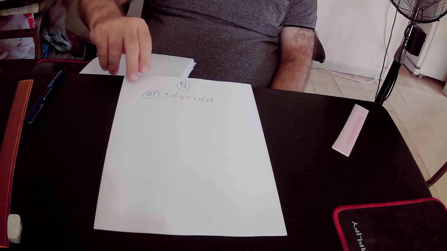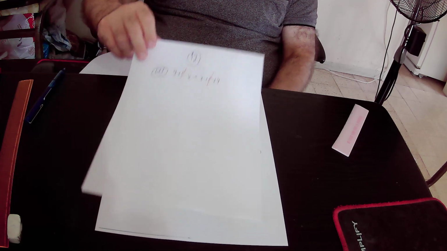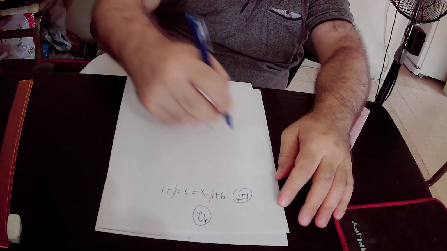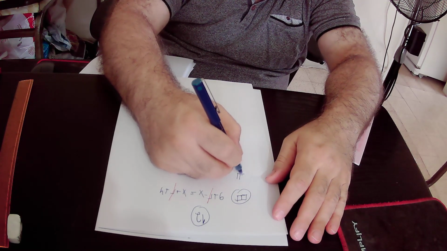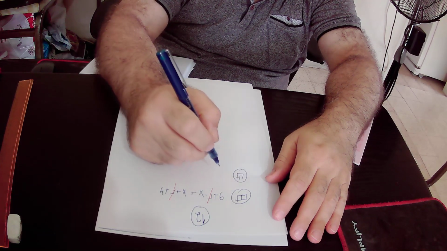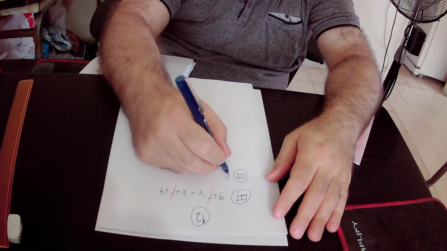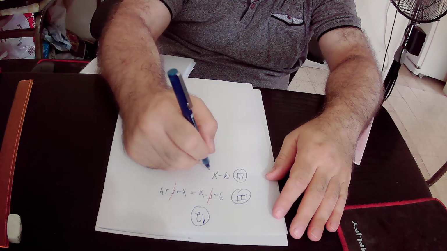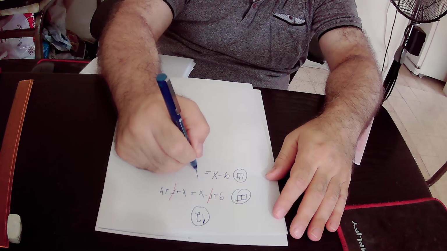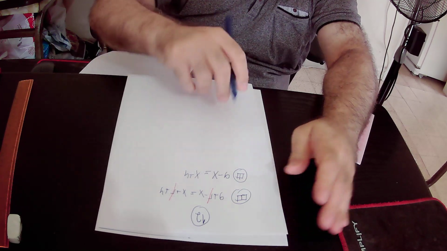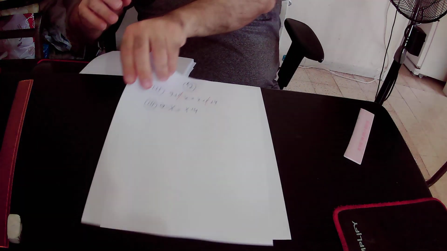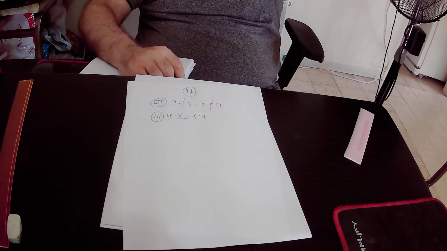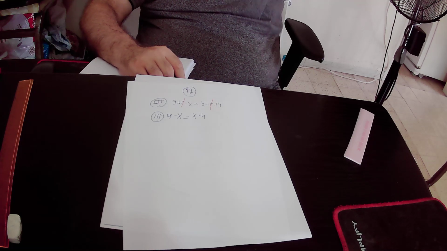And what is left after we cancel r from equation number 3 is 9 minus x equals x plus 4. Okay, so that is what is left after we cancelled r. 9 minus x equals x plus 4.